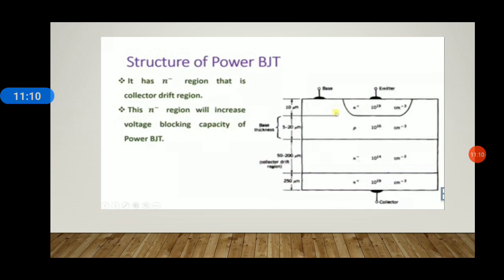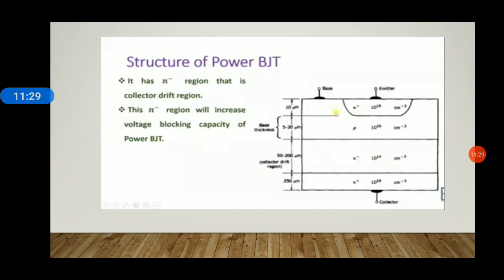Here the base region is more because we cannot afford a smaller base region, because we cannot afford a smaller breakdown voltage. This criteria has already been mentioned in our power diode.